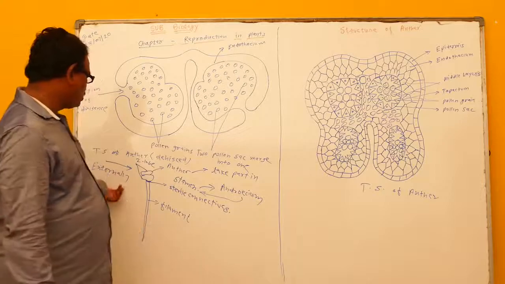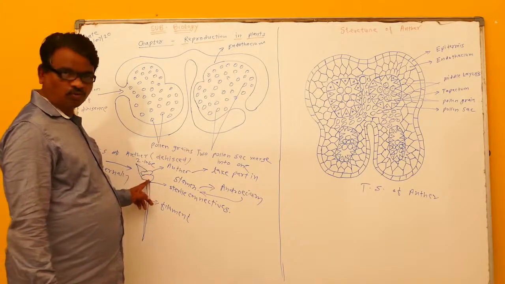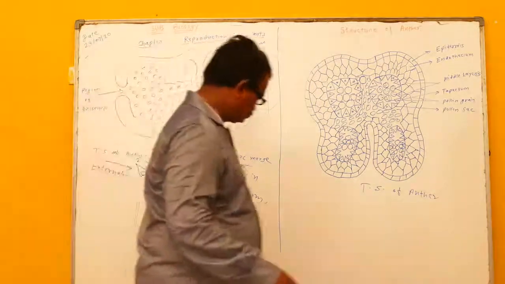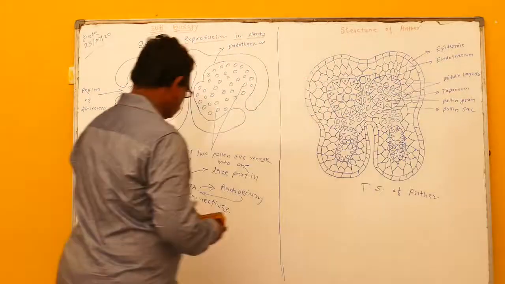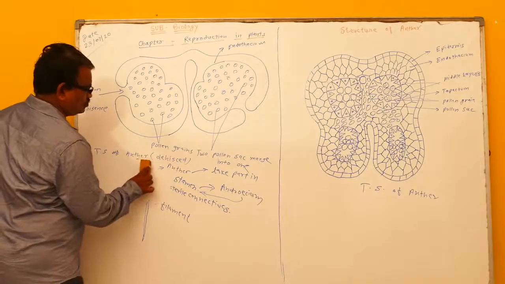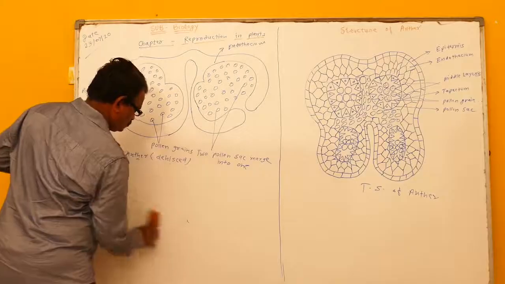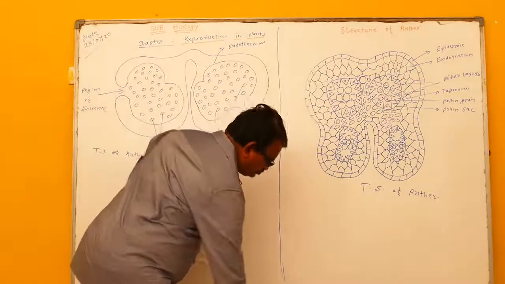Externally we see the anther, it consists of two lobes.